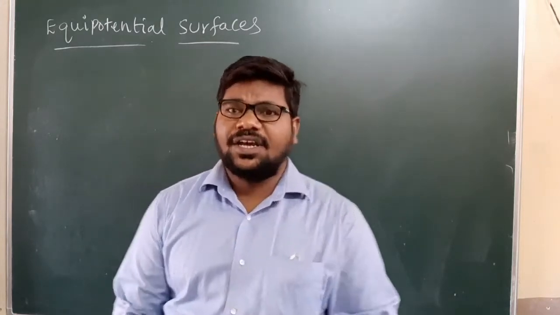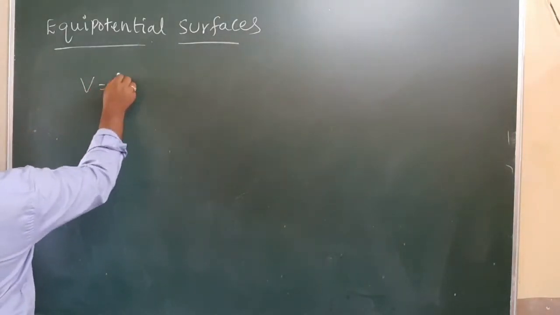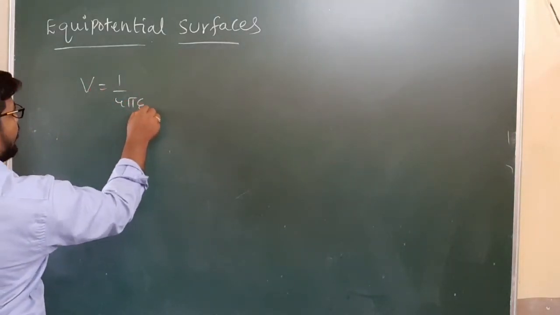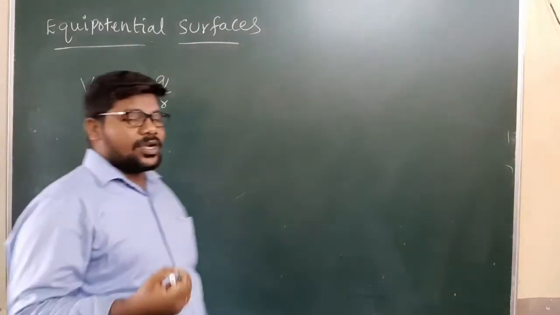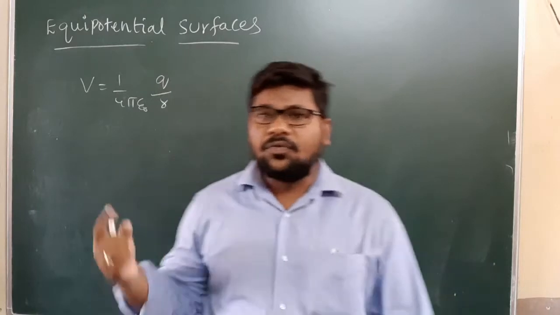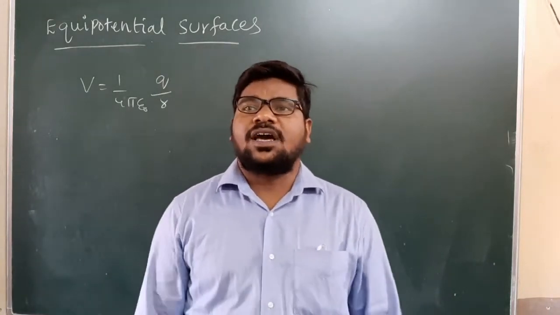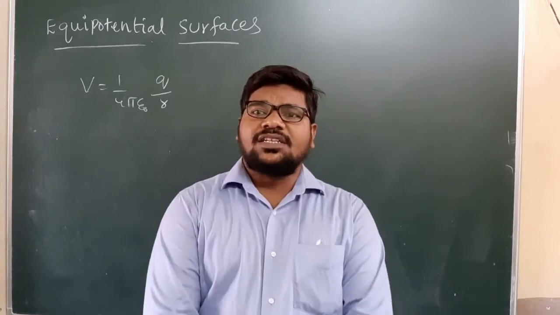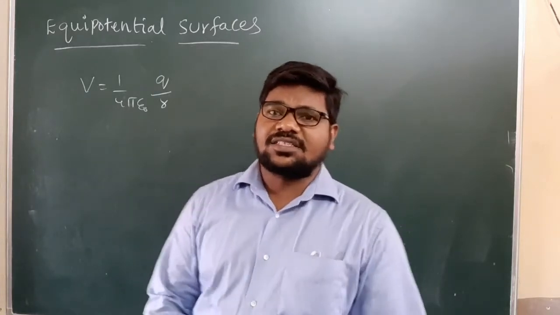For a point charge, potential V is equal to 1 by 4 pi epsilon naught Q by R, where V is the potential. V is constant for R constant.